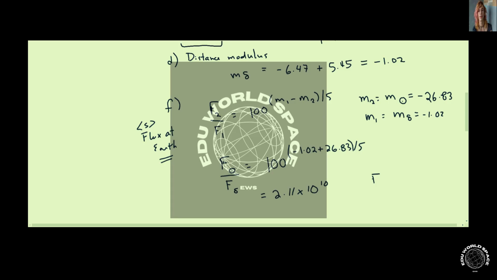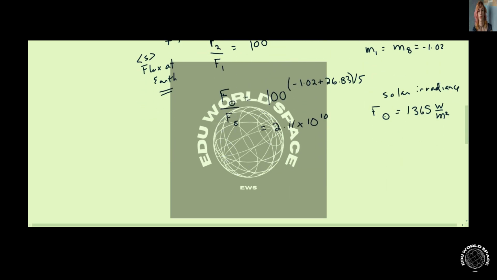Now, we do know the flux from the sun is something called the solar irradiance. And it's equal to 1365 watts per meter squared. So using this ratio, the flux from Delta Scorpii would be 1365 divided by 2.11 times 10 to the 10th watts per meter squared.